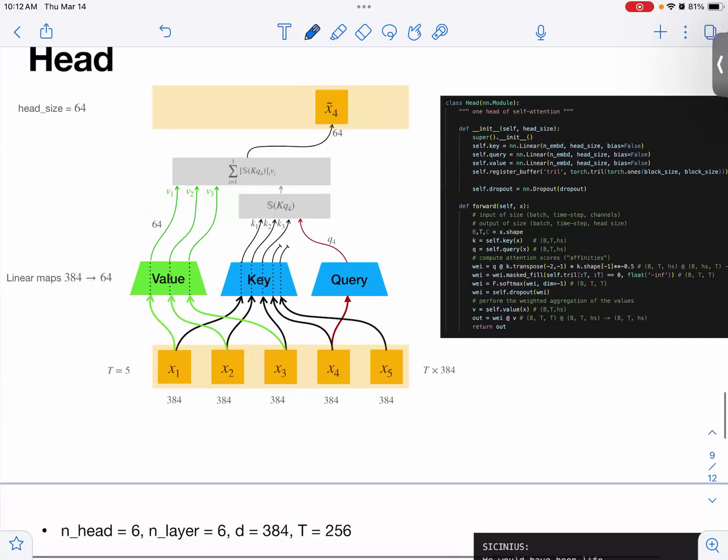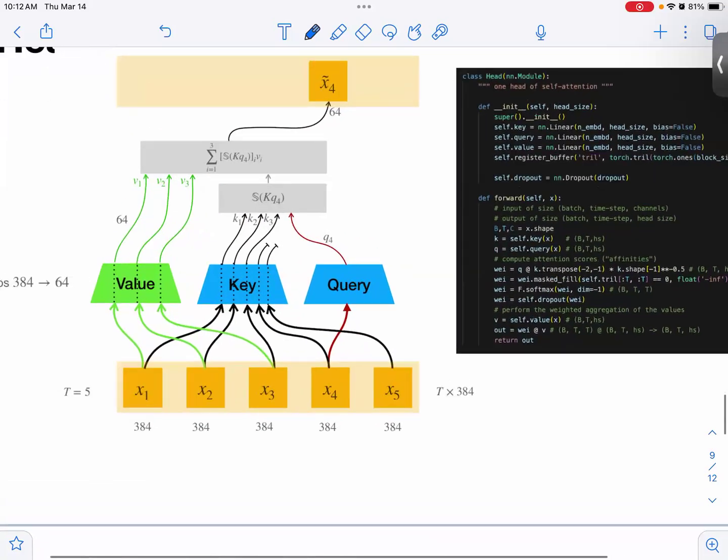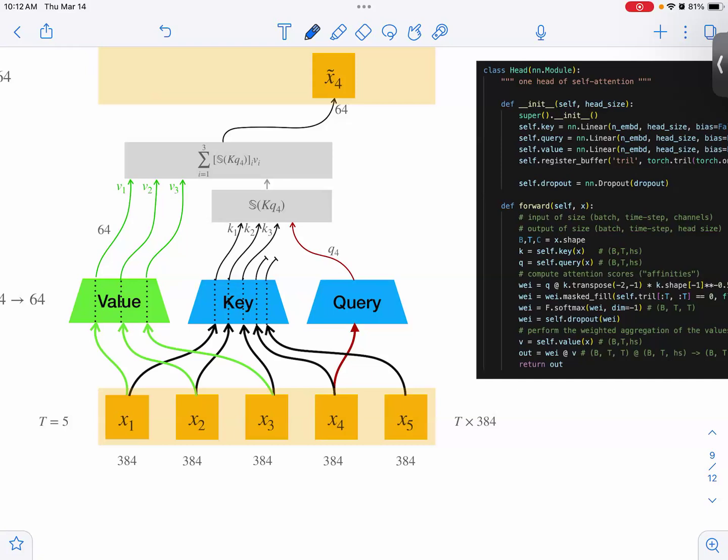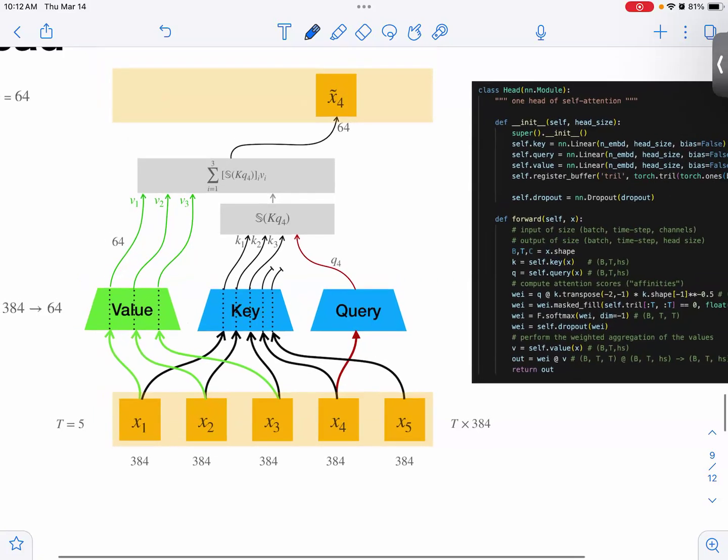So let's ignore the code for now. So what happens is these vectors, like these representations, are embedding vectors. So let's say I have 5 words, then t here is going to be 5, and each one is a vector of this dimension. Okay.